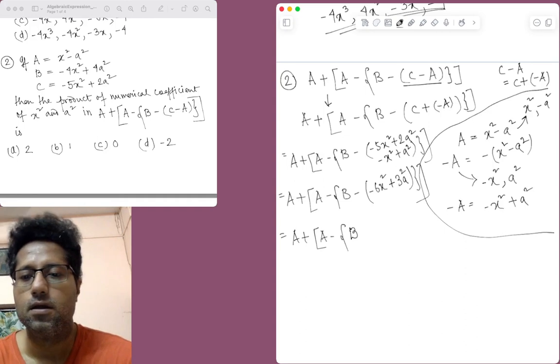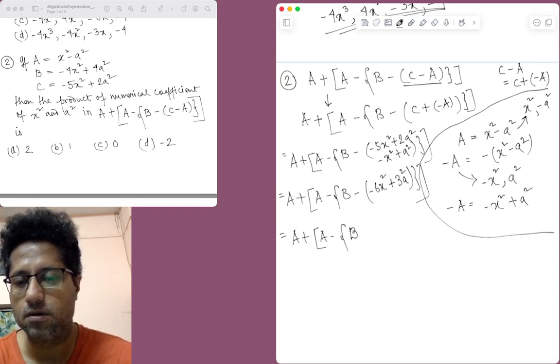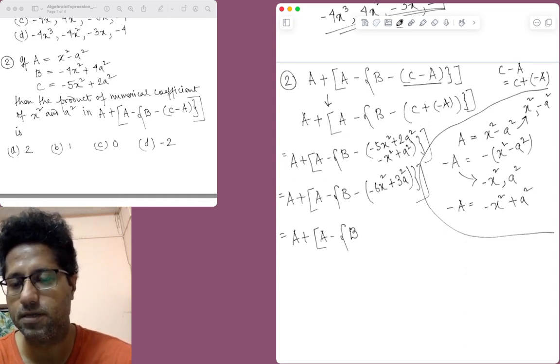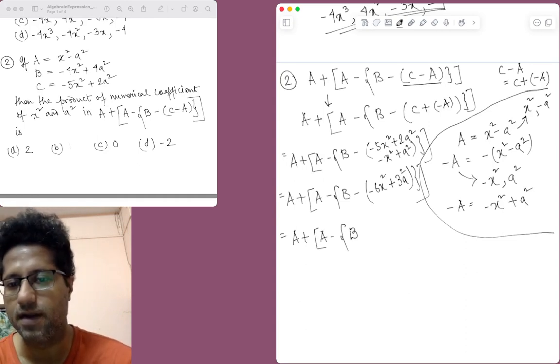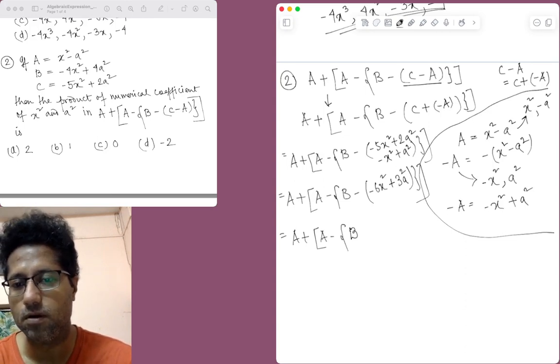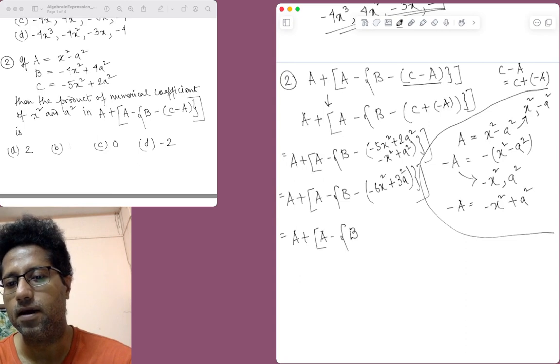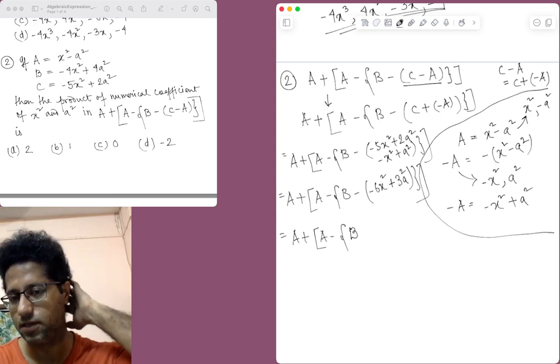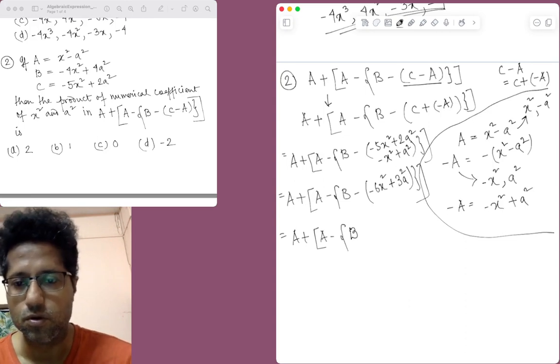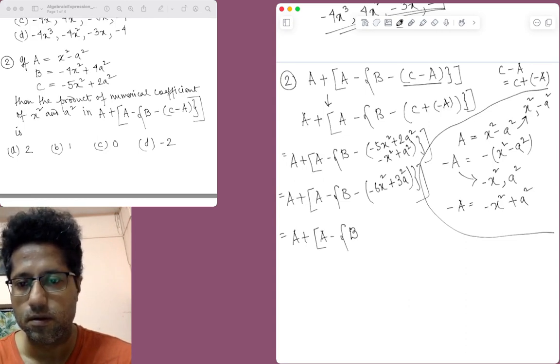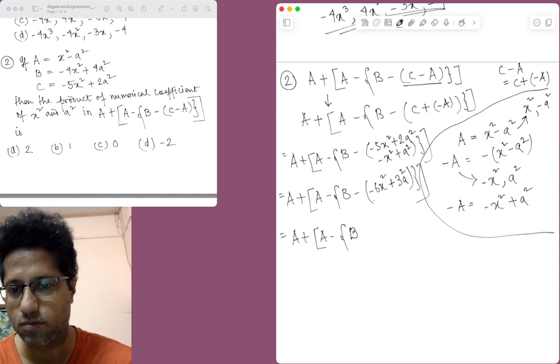Now we have to open up this innermost grouping symbol, that is the parenthesis. But before the grouping symbol, we see a negative sign. If there is a negative sign before a grouping symbol, we have to change the sign of all the terms inside the grouping symbol. Inside the grouping symbol we have the algebraic expression minus 6x square plus 3a square.